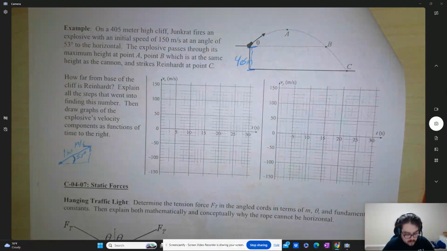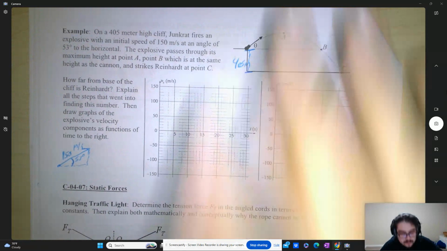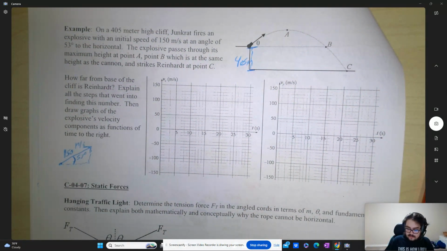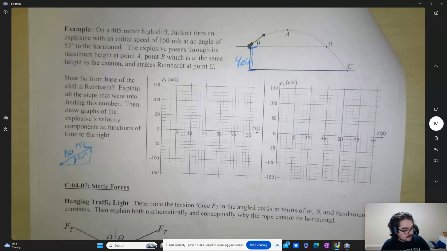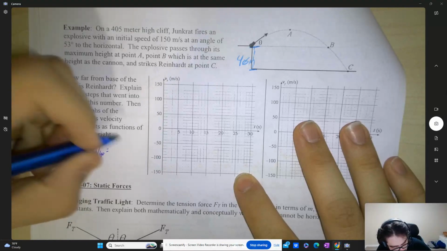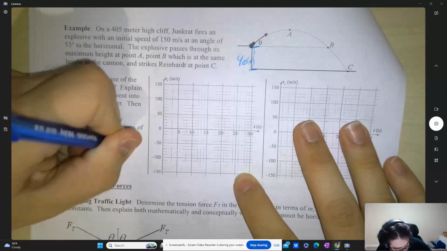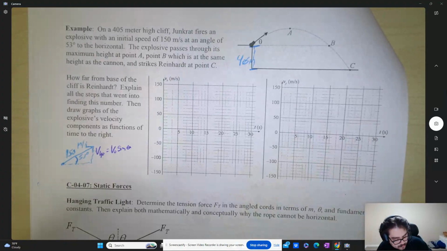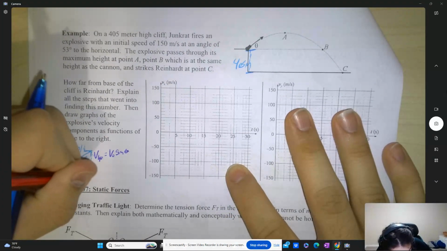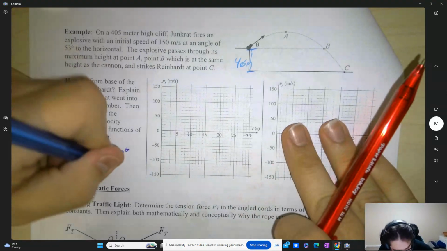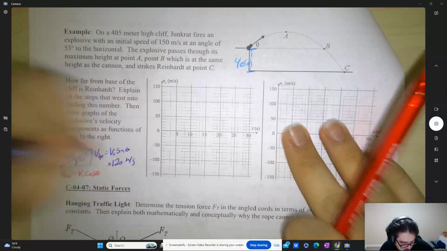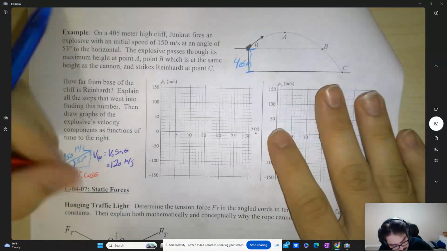When I'm getting my components, this is going to be Vy naught, which is V naught sine theta, and this is Vx naught, which is V naught cosine theta. When I calculate that out, the y component should be 120 meters per second, and the x component is 90 meters per second.